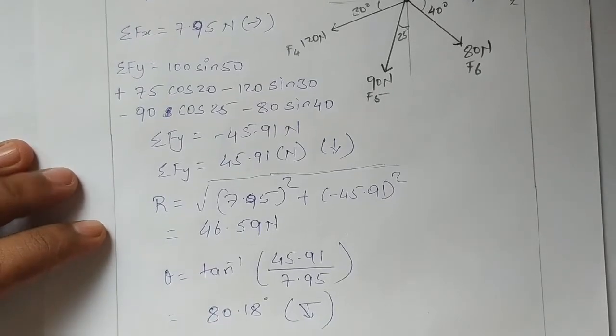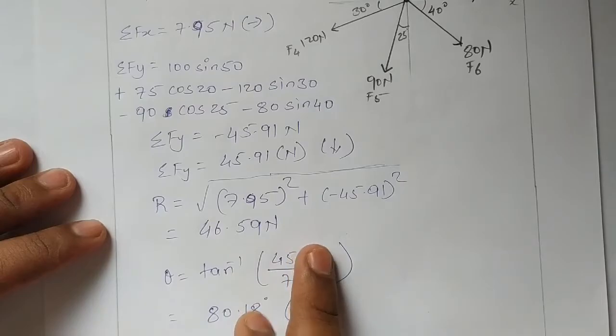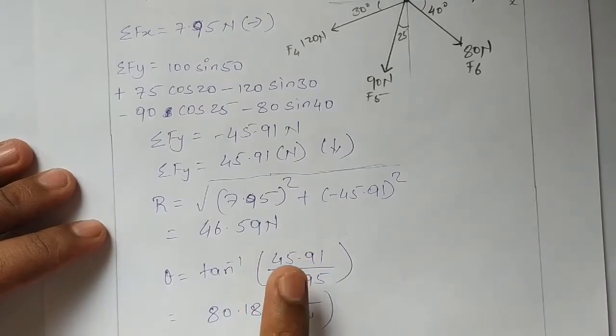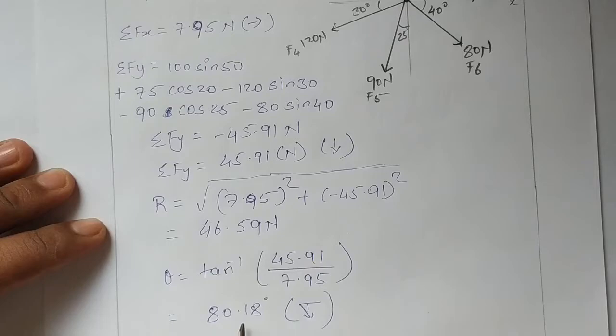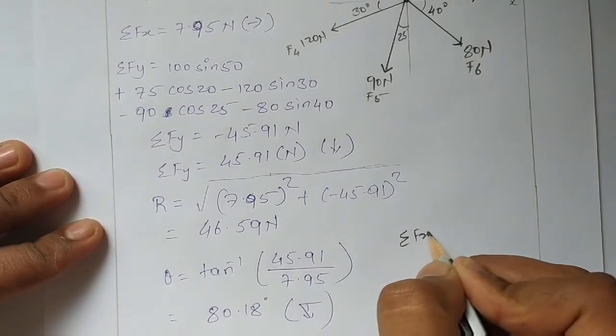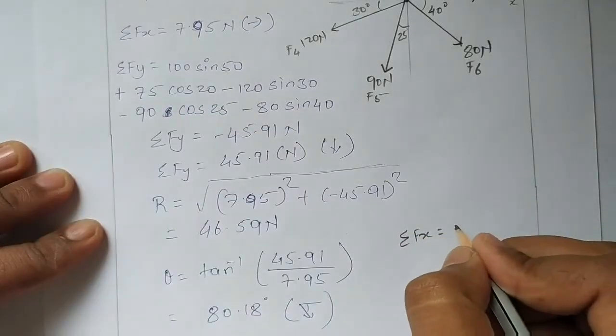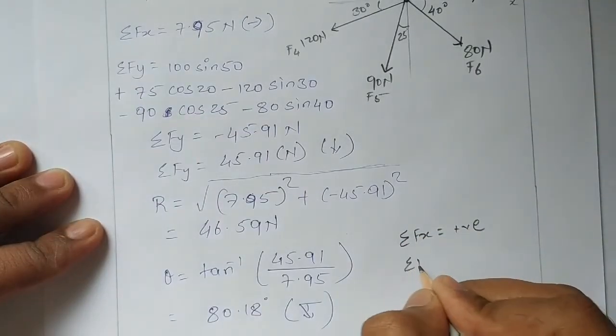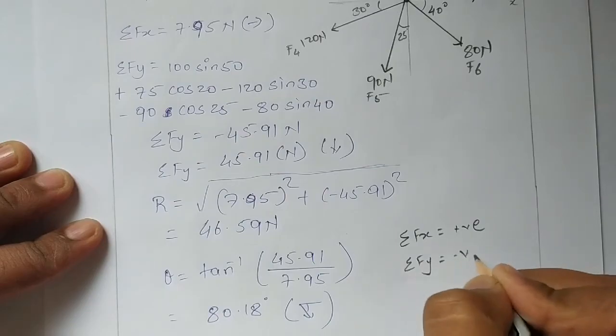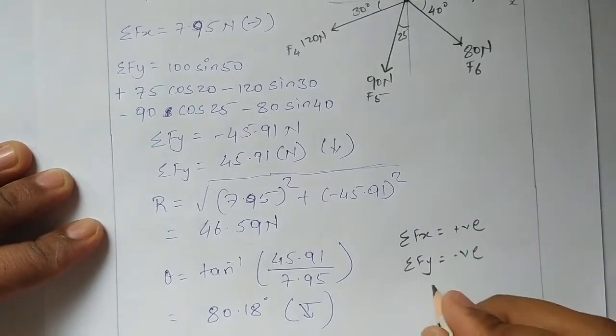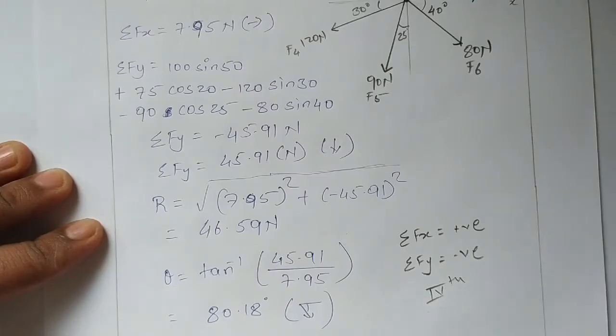Then the inclination angle can be calculated using tan inverse of summation Fy by summation Fx, which is 45.91 divided by 7.95, and comes out to be 80.18 degrees. Here summation of Fx is positive and summation of Fy is negative, which means the resultant lies in the fourth quadrant.